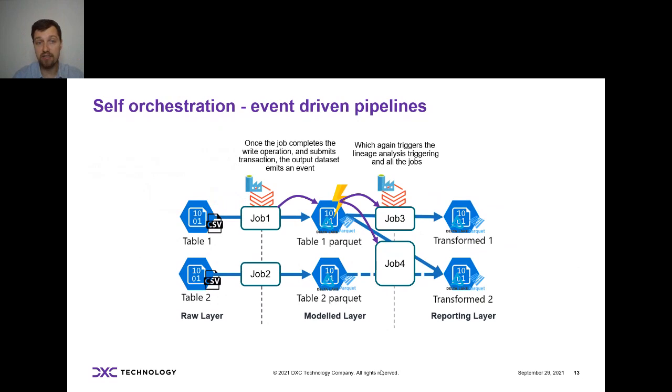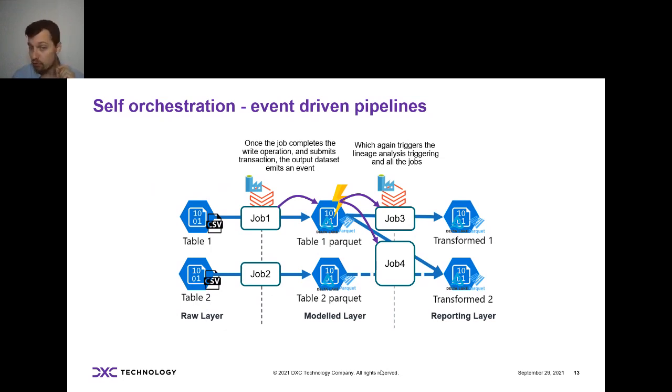Once the job completes, it writes a result somewhere, and then again an event is emitted. The transaction was committed to this new data set, and then we scan the lineage dynamically and trigger the jobs that are supposed to run, right? So it's pretty much as simple as that.